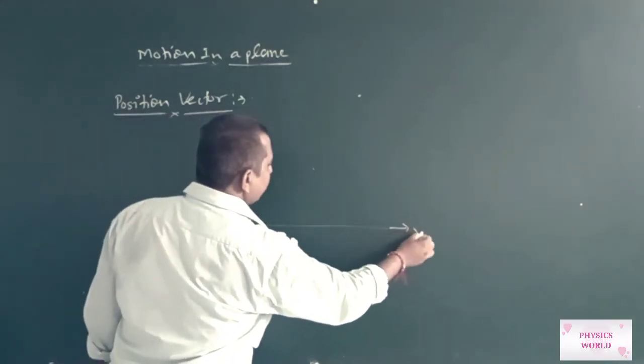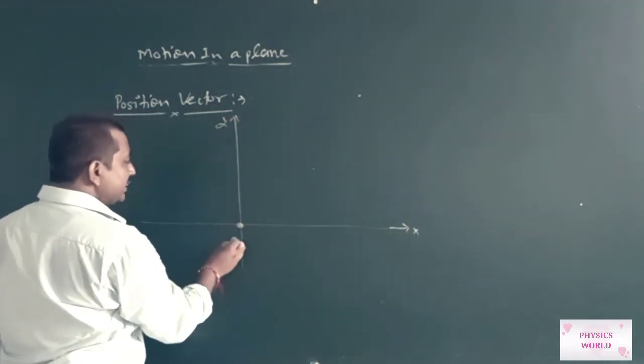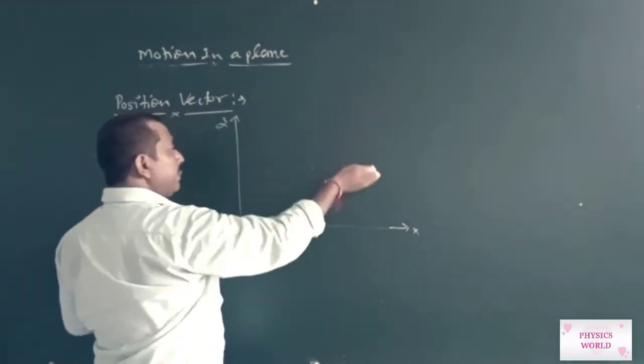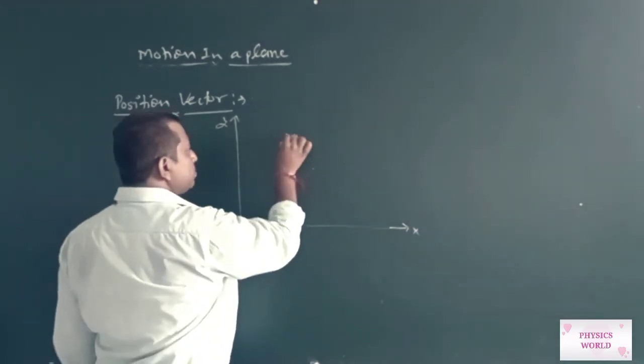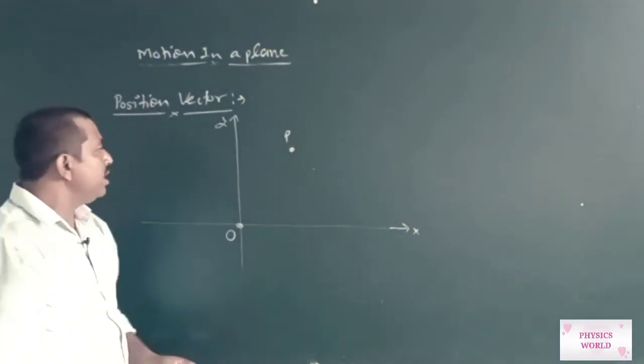So it can be represented by x and y axes. Suppose they intersect each other at any point O, and any point on the plane of this board, suppose this point is P, then what will be the position vector of this point P?